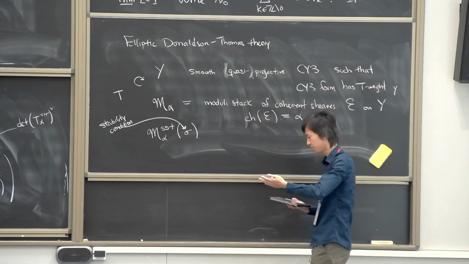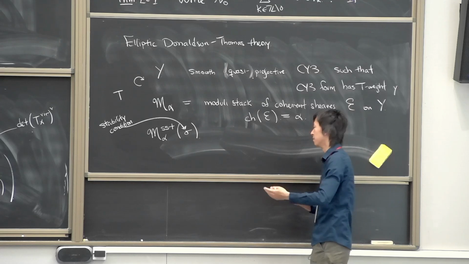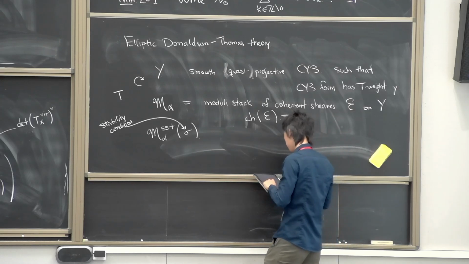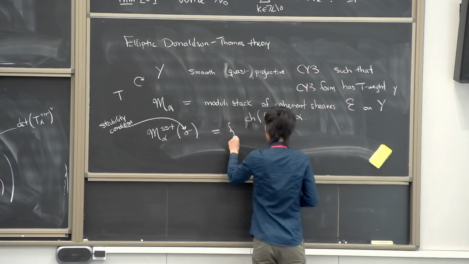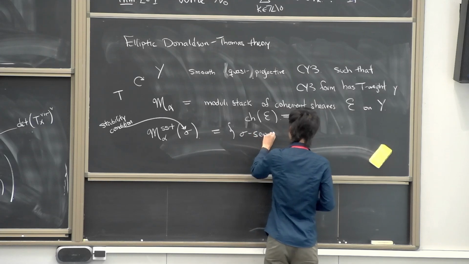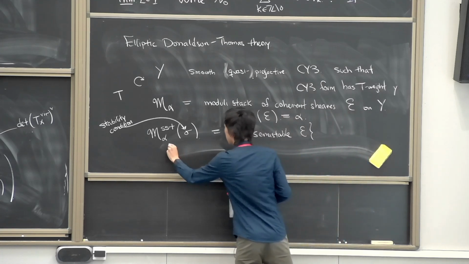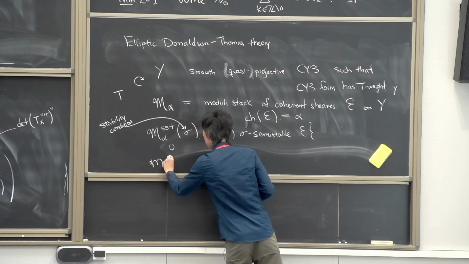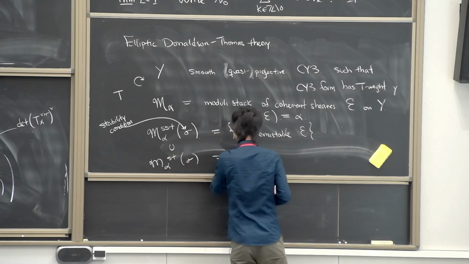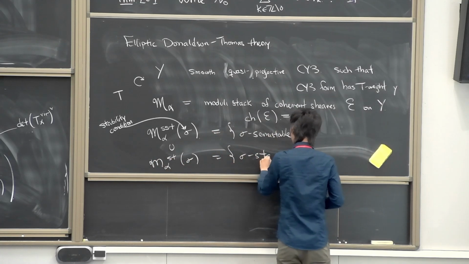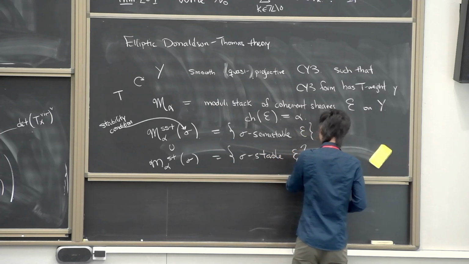What I'm about to explain will sort of be agnostic about which stability conditions you think about. So this is the locus of all sigma semi-stable E, and inside it there will be a locus of sigma stable E.